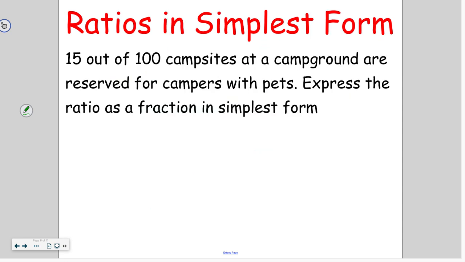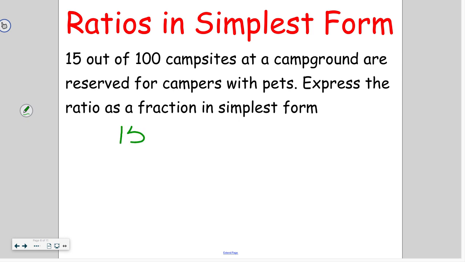Next thing we want to do is look at this in terms of word problems, because everybody loves a good word problem. Hope you all enjoyed that. So 15 out of 20 campsites at a playground are reserved for campers with pets. We want to express this ratio as a fraction in simplest form. So it's asking us to write it in fraction format.